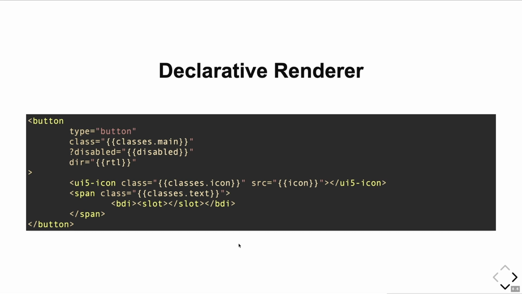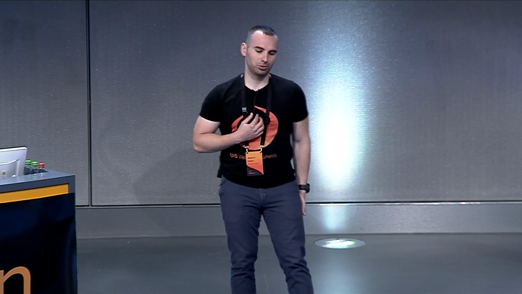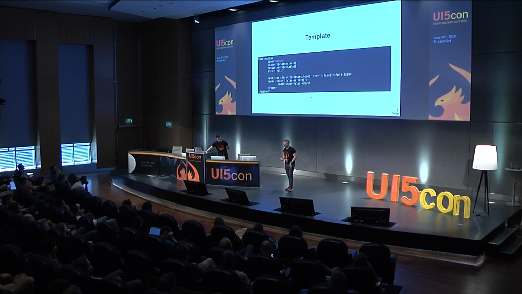You just define your static attributes like type, and you have mustache statements for the dynamic part. And if the button is disabled, this disabled will be equal to true. Super easy. But Handlebars works with strings, so we are parsing these Handlebars to a lit-html renderer, which looks quite similar, right?